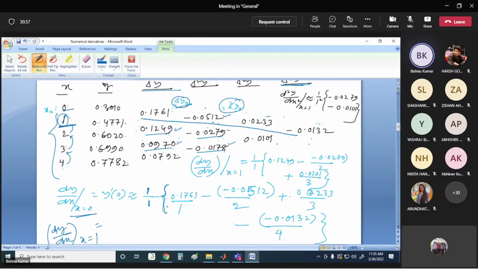So what will be dy by dx at x equals 1? Outside 1 by h, and associated to 1, these are the upper diagonal elements. Now this is my first difference value. So this by 1 minus this by 2 plus this by 3, and outside 1 by 1.